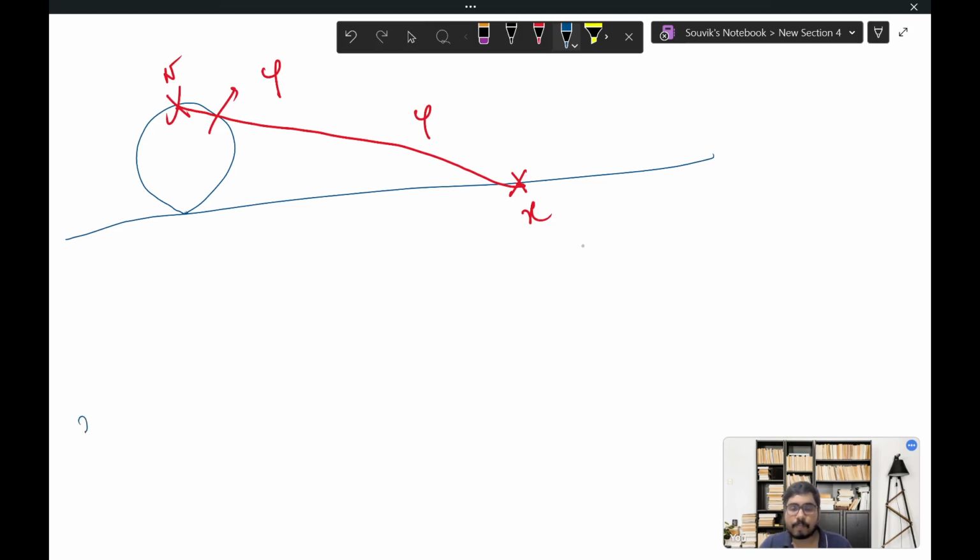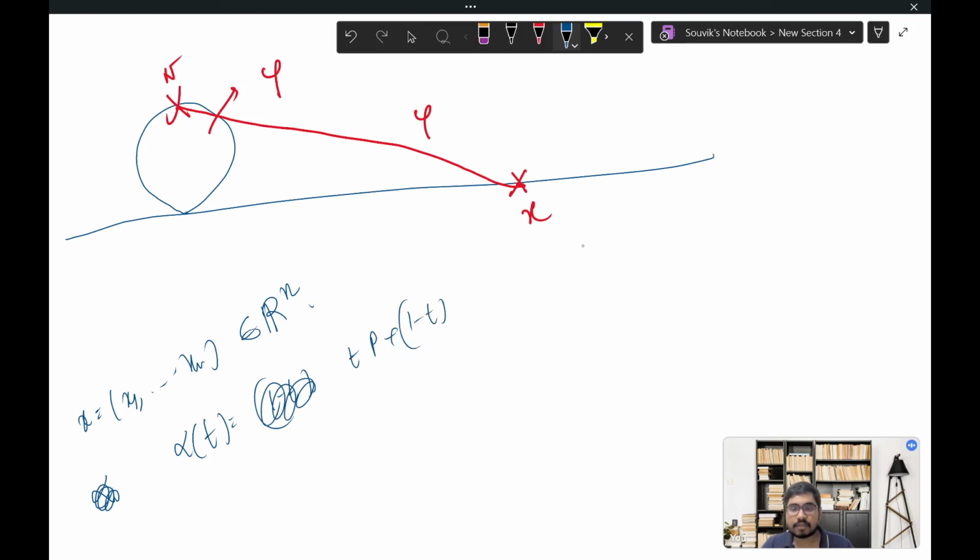So x is equal to x1, x2, ..., xn, a point in Rn. Okay. The equation of the line is tp plus (1 minus t)s.